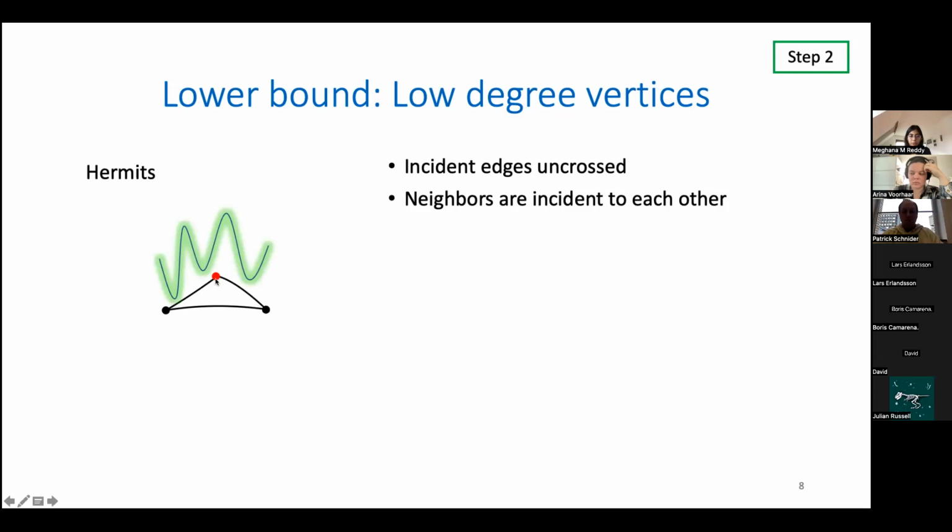We have this degree 2 vertex here, and we know that it's exactly degree 2. So it should not be possible to add an edge from this red vertex to any other vertex in the graph, which basically means that along this face, or in the face here, there should be no other vertex except these 2 existing vertices.